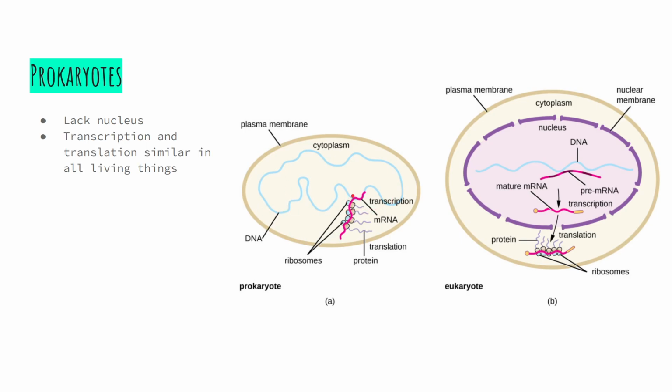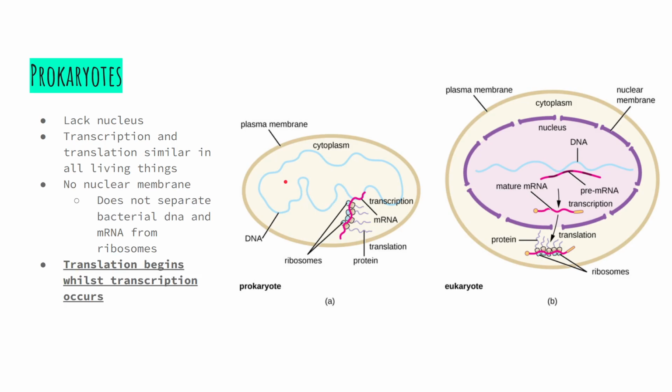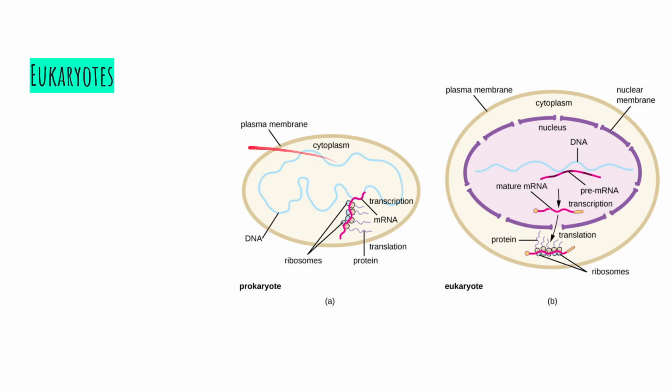Because it does not have a nucleus to separate transcription and translation, they happen almost simultaneously. So whilst transcription begins, translation can almost happen at the exact same time, making proteins at a much quicker rate than eukaryotes can. This is essential to their survival and why they can reproduce quite quickly.